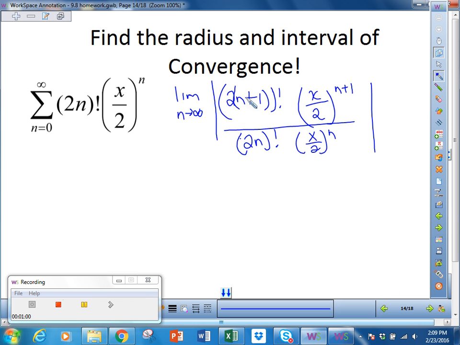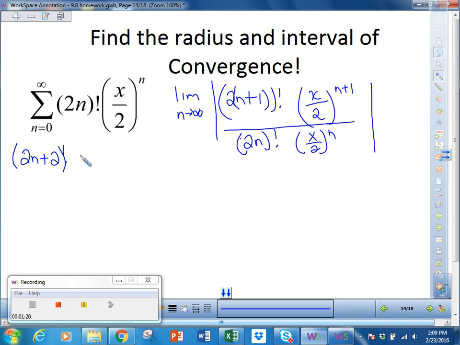First of all, we need to deal with this factorial over here, okay? So dealing with this factorial, I am going to multiply this out. So that's going to give me (2n + 2) factorial. Could you just leave it as (n + 1) times 2n factorial?